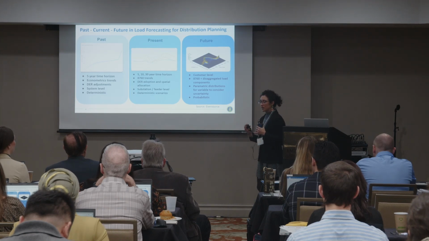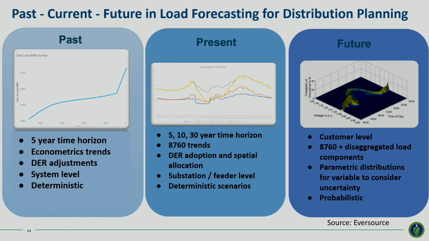The present, a lot of the utilities have realized that they need to develop advanced forecasting techniques to predict a little bit further out and be able to proactively prepare for it. 8760 trends, so what this means is you need to start understanding all of the hours of the year, not just the peak.